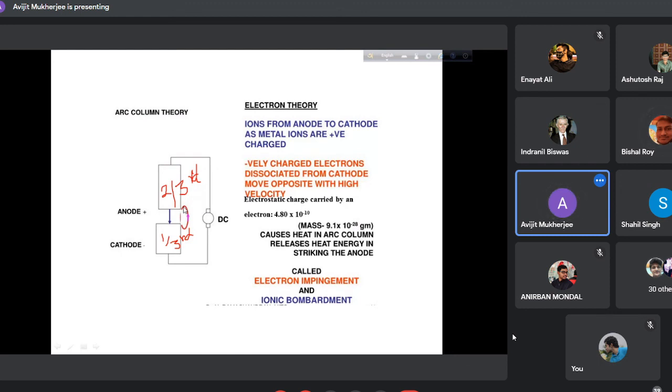Yes. Previously, due to misinterpretation, because electrons are rushing here, the positive terminal will have maximum heat, and the negative terminal will have less heat.